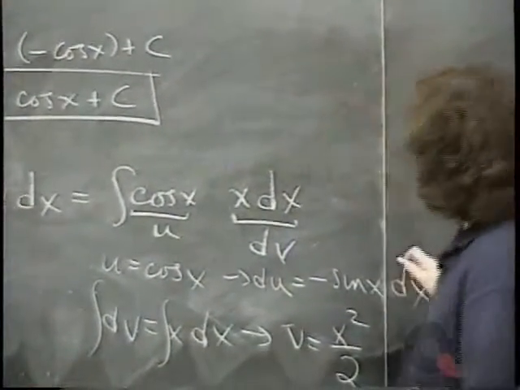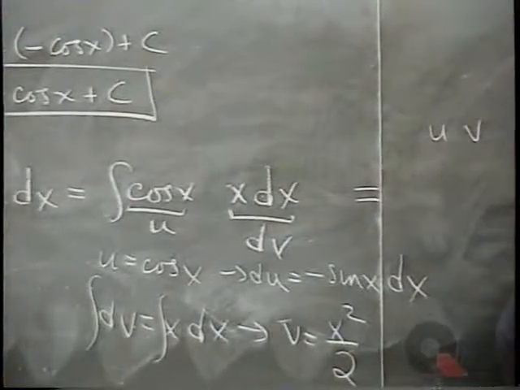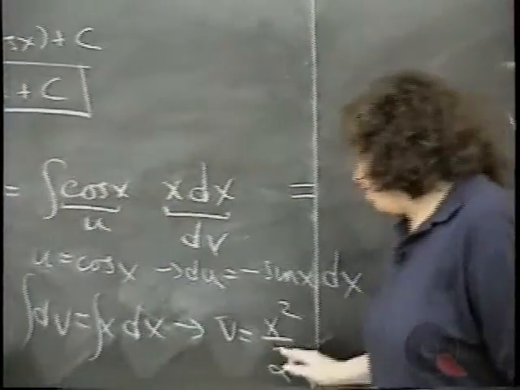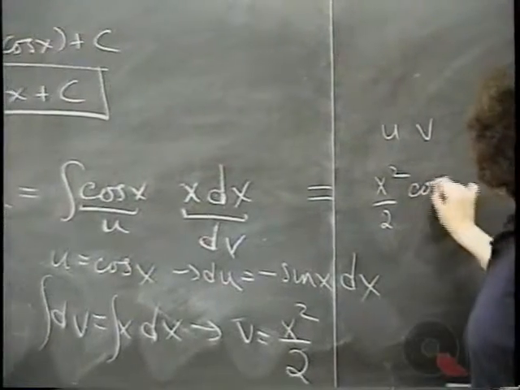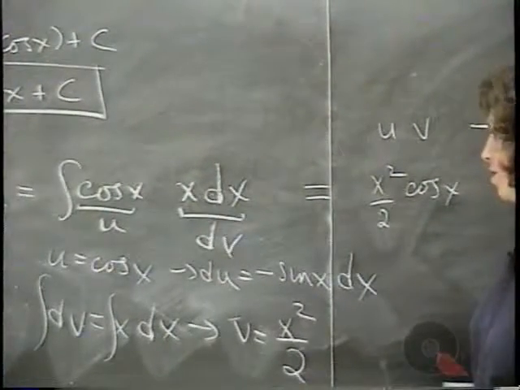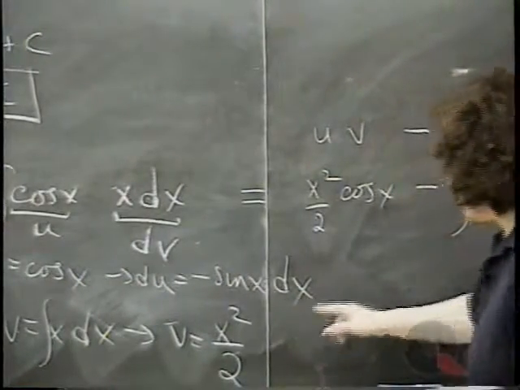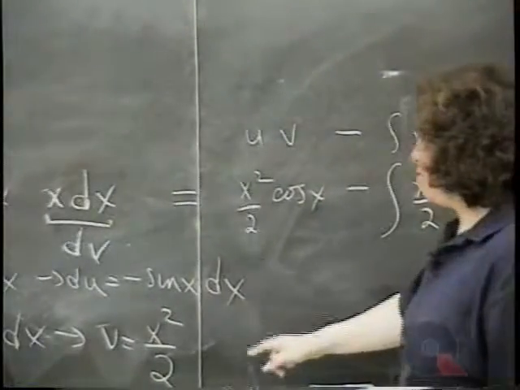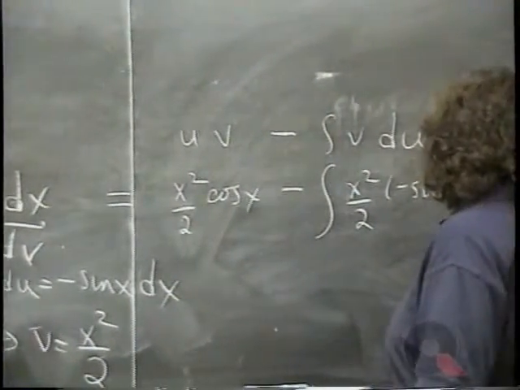Now what happens here? We're going to get uv minus the integral of v du. uv would be x squared over 2 cos x minus the integral of v du. Well, v is x squared over 2, and du would be minus sine x dx.